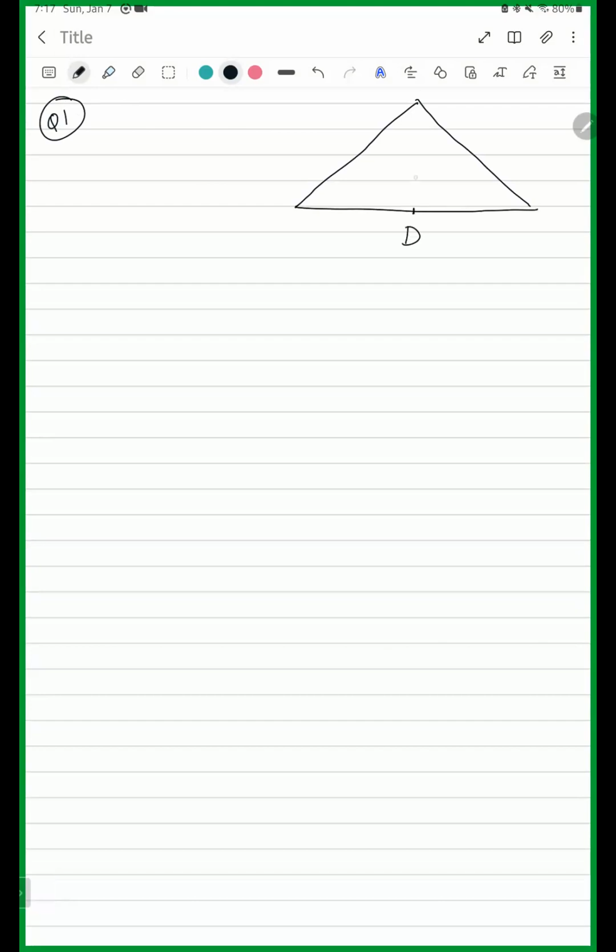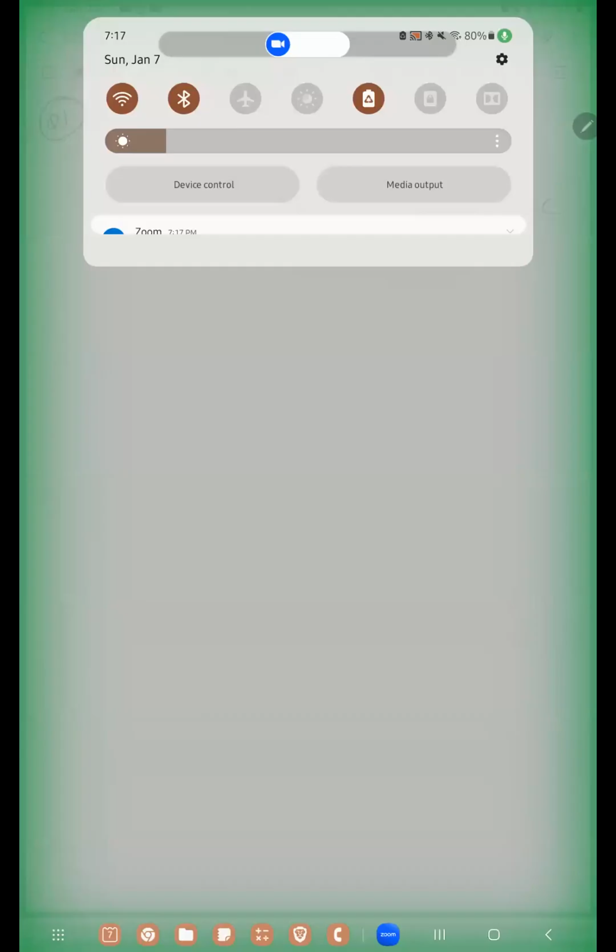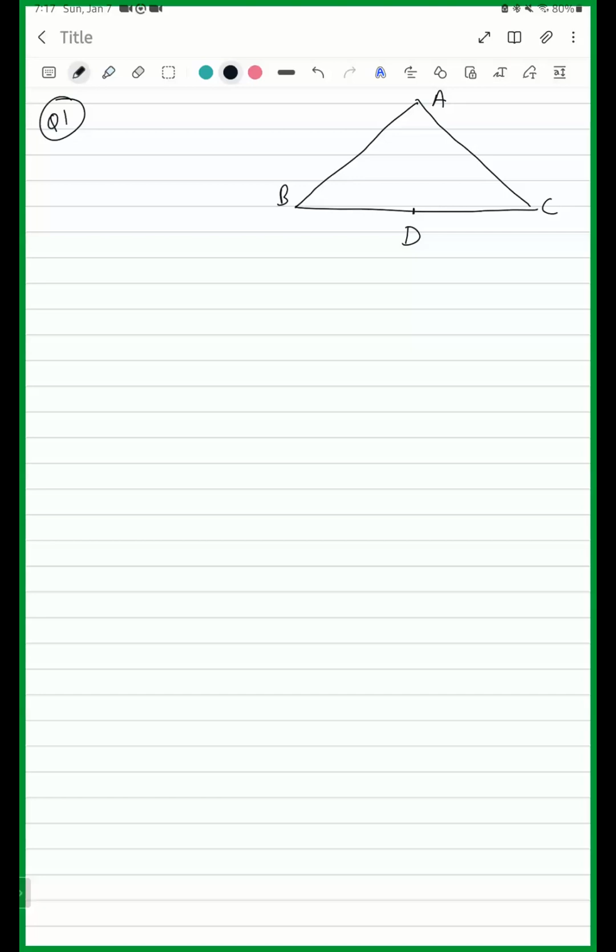This is A, this is B, this is C. If DL is perpendicular to AB, so we have a DL over here which is perpendicular to AB, and DM is perpendicular to AC. So this is L, this is M, such that DL is equal to DM. So let's write what all is given.